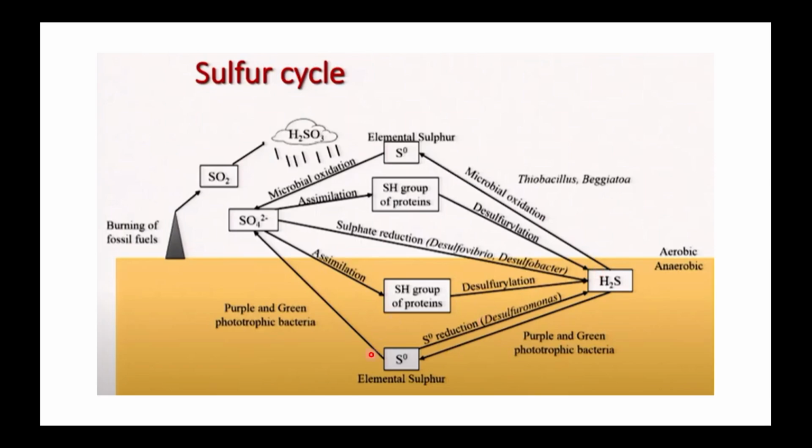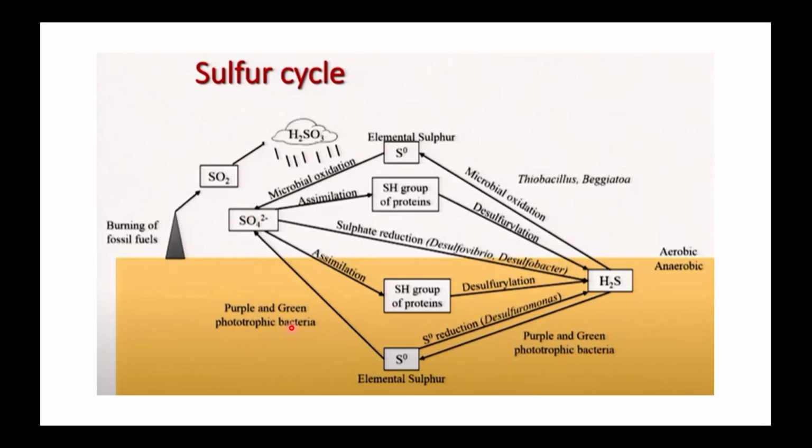And these H2S can then get oxidized into elemental sulfur by bacteria like Thiobacillus and Beggiatoa, and this process is aerobic. Now a similar process is occurring in an anaerobic manner also. There is elemental sulfur that is anaerobically converted into sulfates by purple and green phototrophic bacteria.